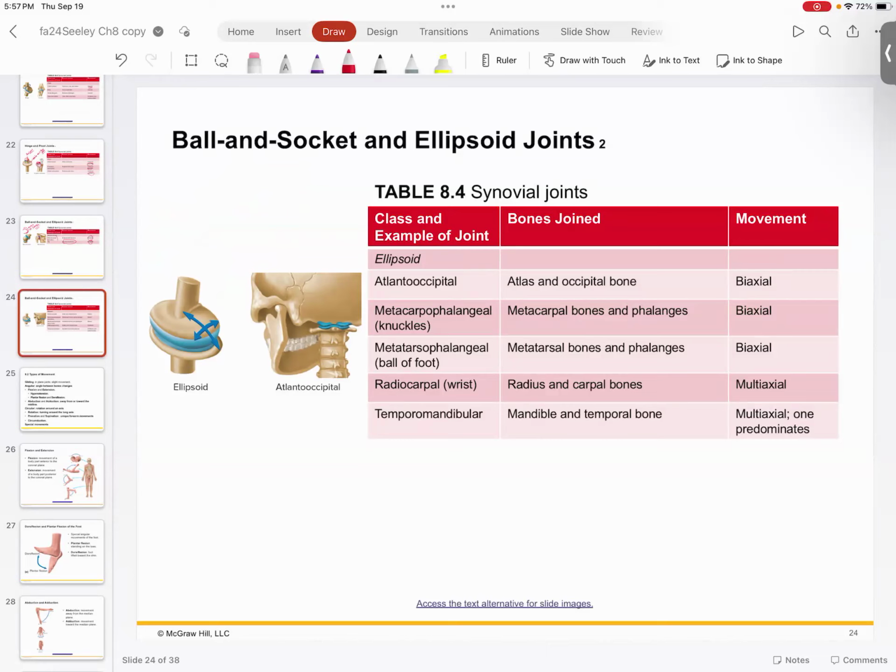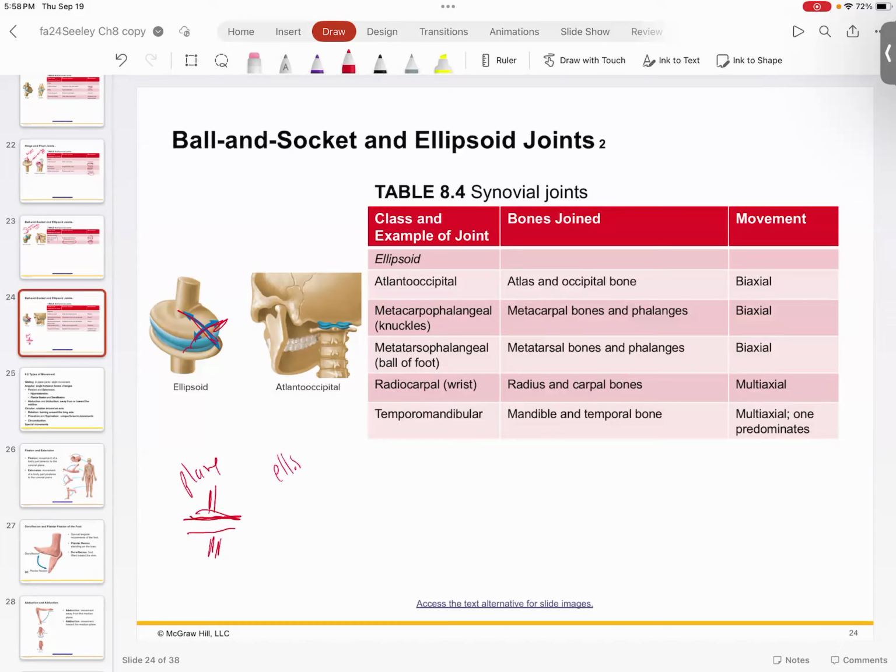The last one that we have are the ellipsoid joints. The ellipsoids are similar to planes in the sense that they can do this sort of back and forth and side to side movement. But the difference is that instead of being flat, so with the plane, the two surfaces were flat, one flat surface rubbing against another flat surface, moving back and forth.